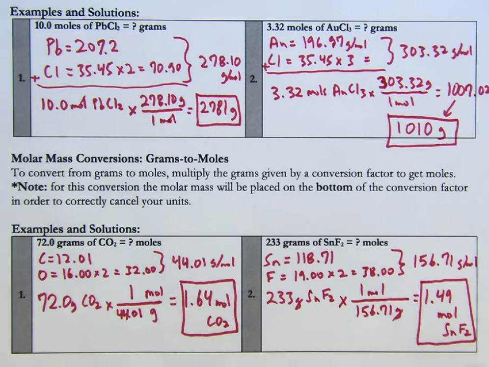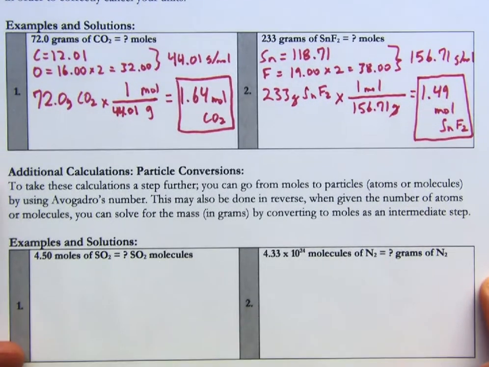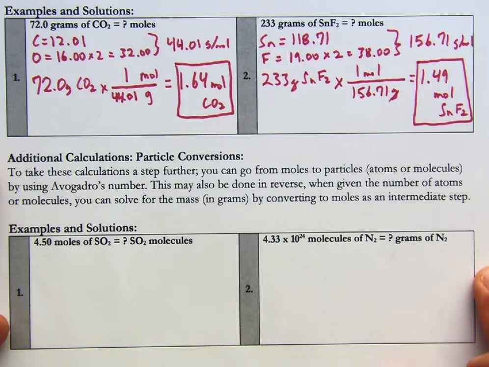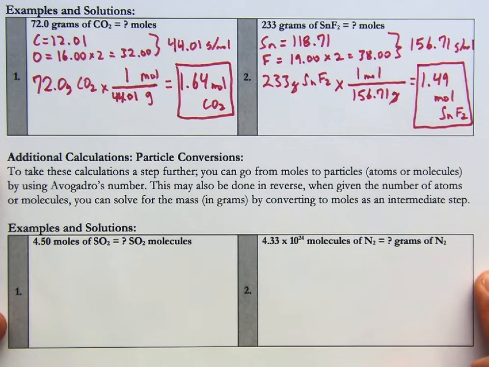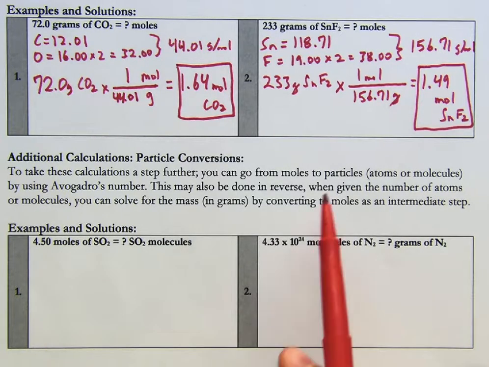Finally, to take it a step further, we'll do these, which are particle problems. It says you can take these calculations a step further and go from moles to particles. Okay, and a particle could be an atom or a molecule. It just depends on what you're working with. And you do that using Avogadro's number.